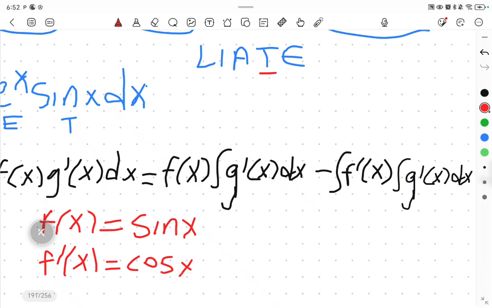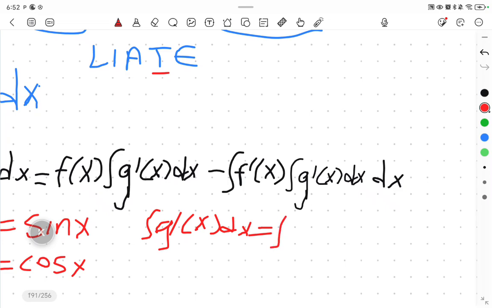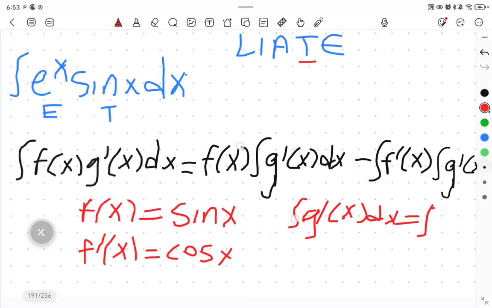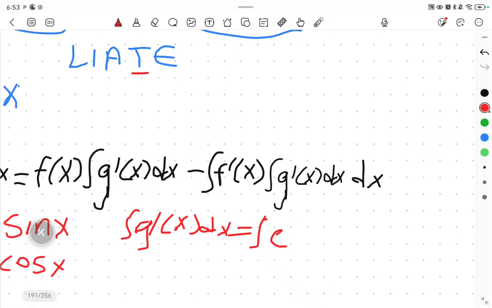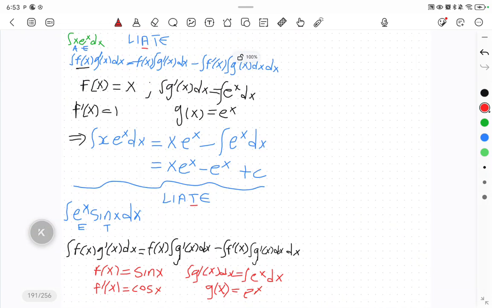Then I know that the integral of g prime of x dx will be the integral of the remaining part, which is e to the x. And e to the x dx remains the same. And that is our g of x.